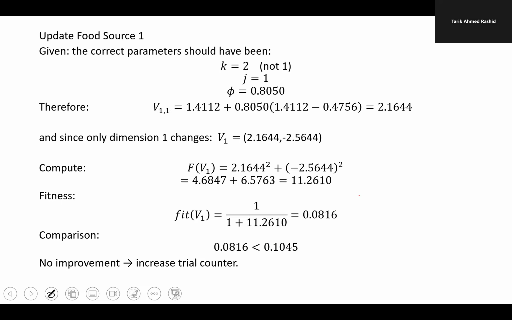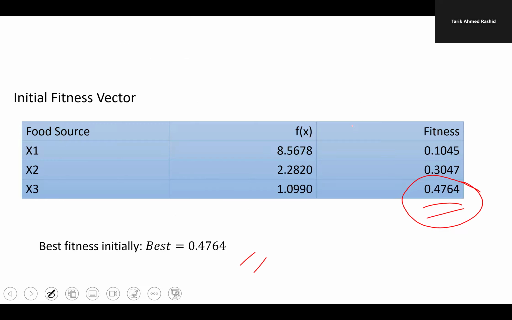Let's do that. Let's say first we try to update the first food source, where randomly we get K equals 2 and J equals 1. And phi is randomly between -1 and 1. K equals 2 means the second food source, which has 0.4756. Let's see the second food source.